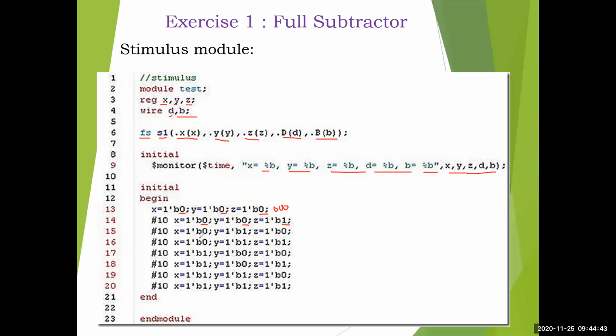Next, again with a delay of 10 time units, it is 010 now. Next you have 011, and then 100, 101. Then 110. Nowhere should you miss; all 8 combinations are included here. Then 111. So this is the stimulus module.